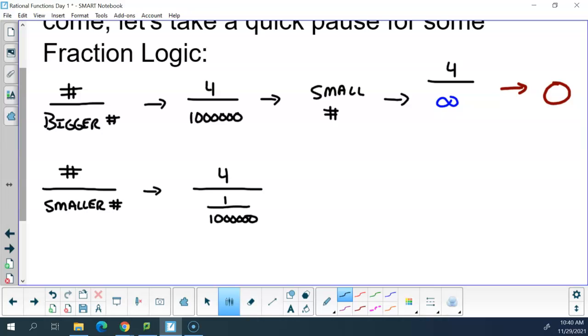Keep, change, flip, right? So this would really be like 4 times 1,000,000 over 1, which is 4 times 1,000,000? 4,000,000. Get it? So that number is going to get bigger and bigger and bigger, right? That's going to be a big number.